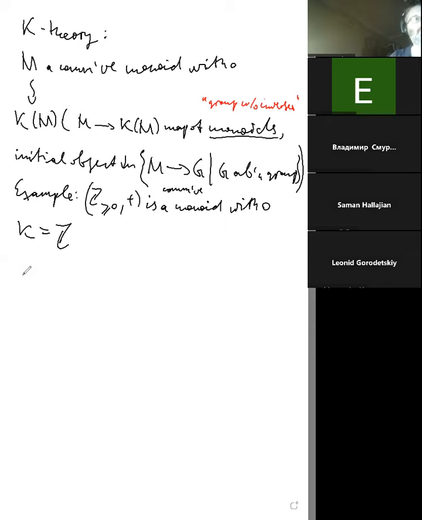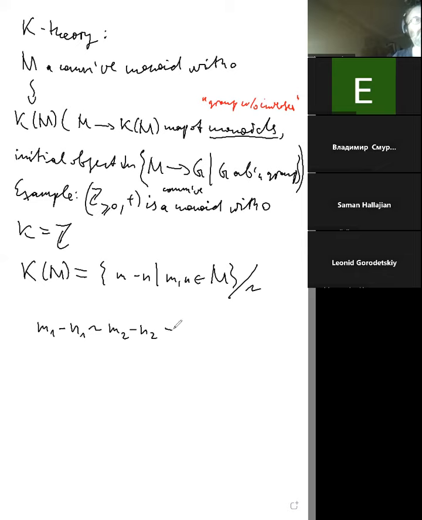So K of M is the set of formal differences m minus n, where m, n are in the monoid, with the following equivalence relation: m1 minus n1 is equivalent to m2 minus n2 if and only if there is a k inside M such that m1 plus n2 plus k is equal to m2 plus n1 plus k.